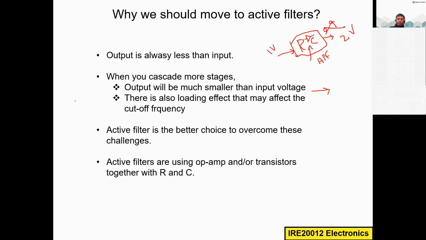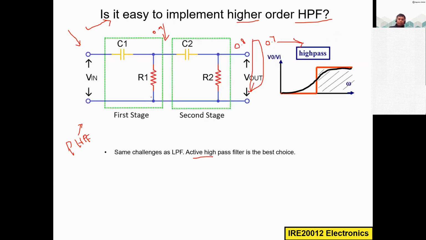So now we know what a passive high pass filter is. It can be a single pole, or one pole, or it can be a two pole, or a three pole. Here, for example, this is two poles.